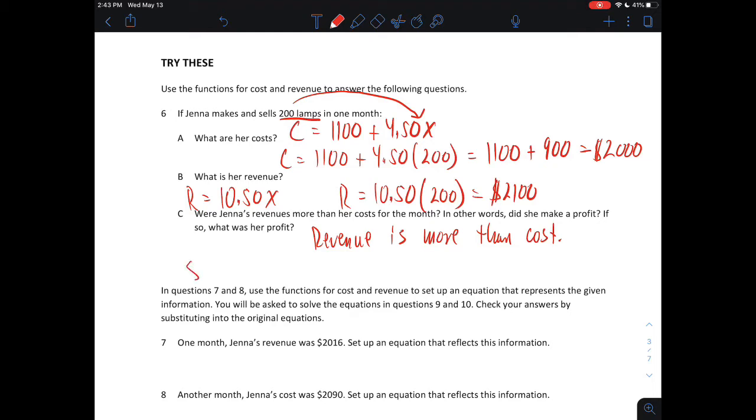Yes, she made a profit of, how would I find that? Profit is just revenue minus cost. $2,100 minus $2,000. So she made $100 in profit.